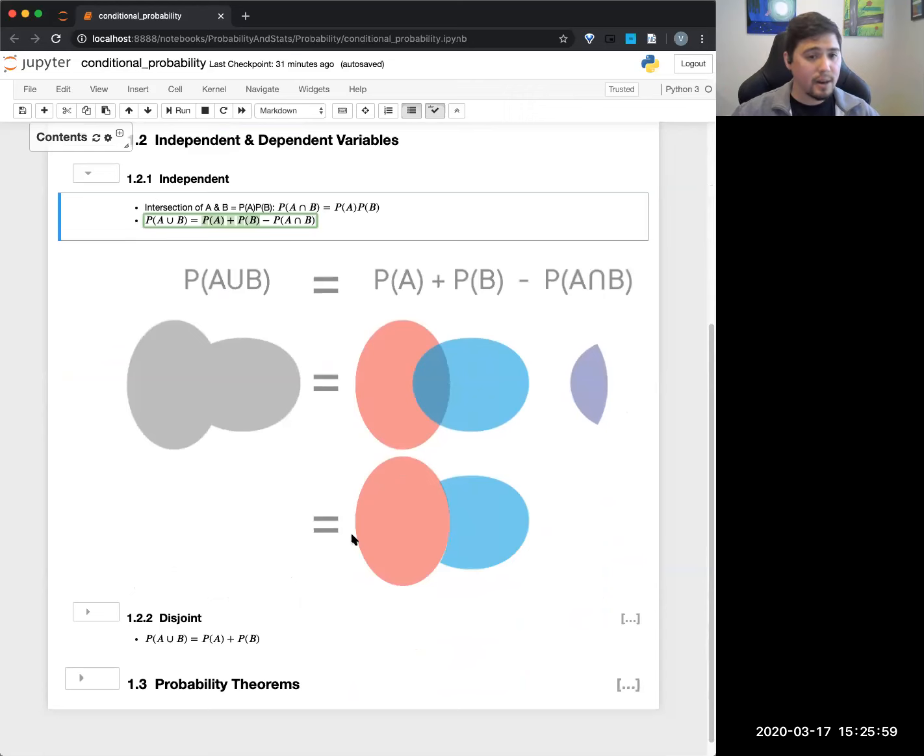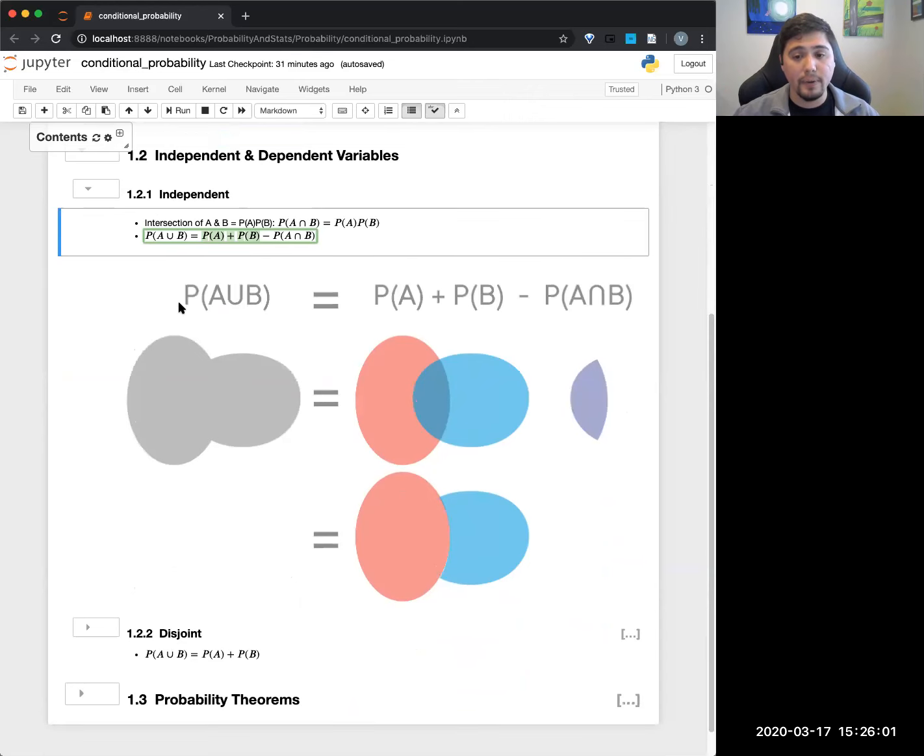For example, the diagram from the curriculum shows the probability of A union B. You can imagine this blobby thing here is A, and this blobby thing over here is B, which you can see in red and in blue. When we combine all of the possible things that happen together, it's just going to be the probability of A plus the probability of B. Note that we have a little bit of extra double counting here because they're intersecting, so we subtract the probability of A intersection B. It's just going to equal this.